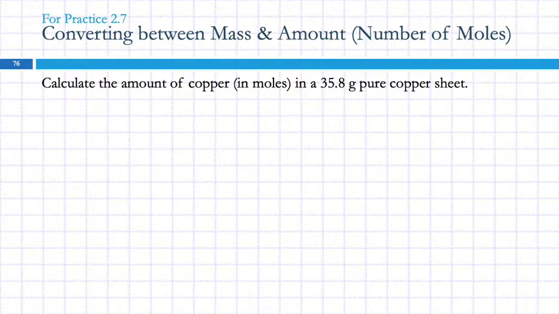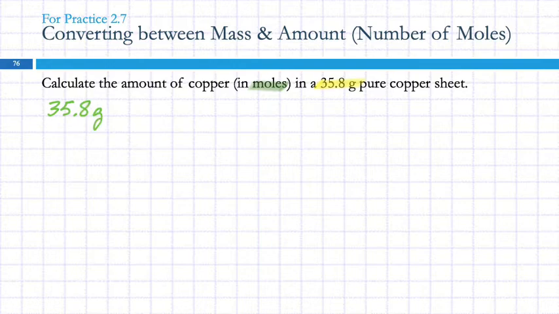So this is dimensional analysis. What unit are we given? Grams, 35.8 grams. And what do we want to find? Moles. We want moles. So just like we've done before, we're going to write down what we're given, 35.8 grams.